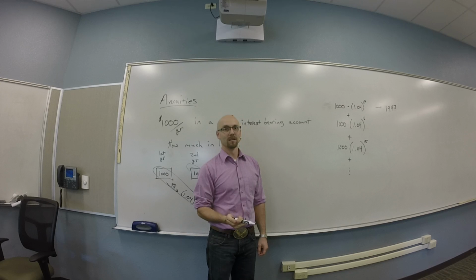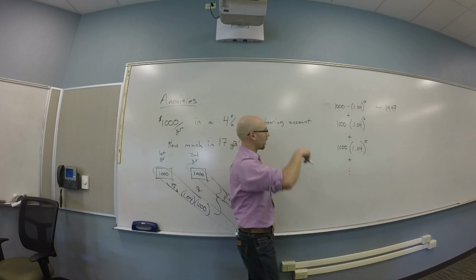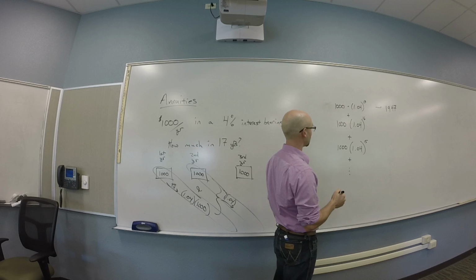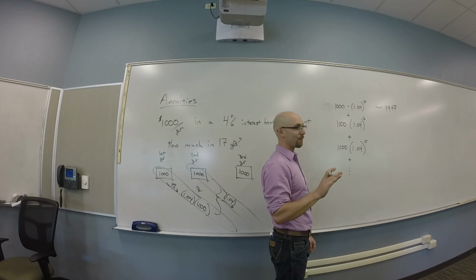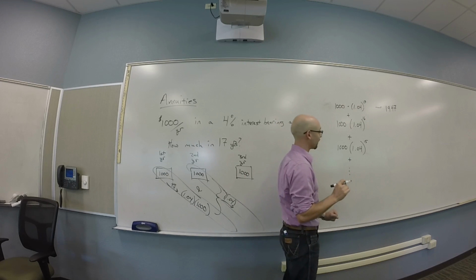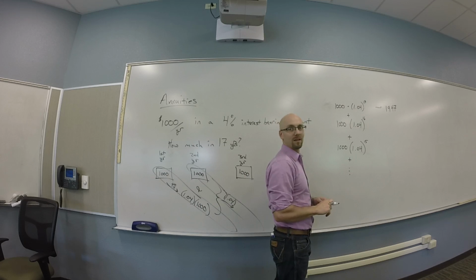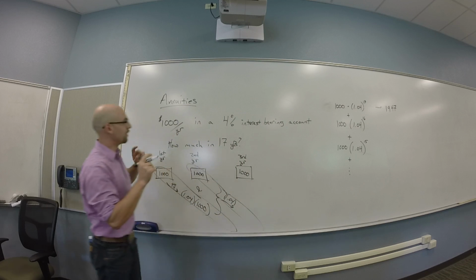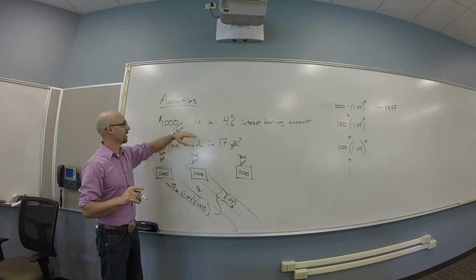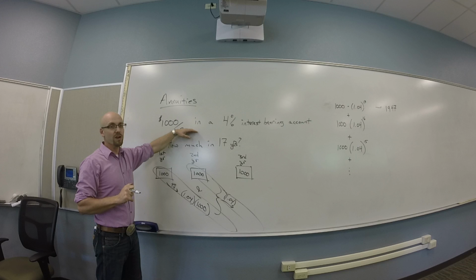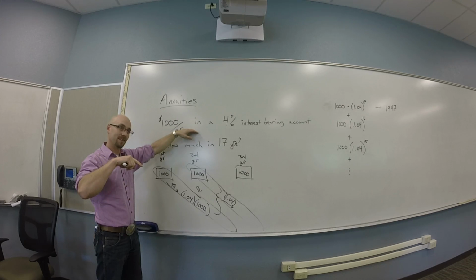You guys see that? Okay, so we need a way to figure out how to sum these, and to figure out where this actually stops. In this one, the question says 17 years. This is actually not well defined, so you need to know whether they put the last payment in or not.